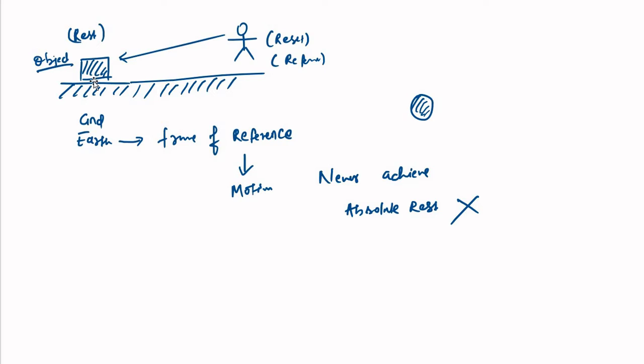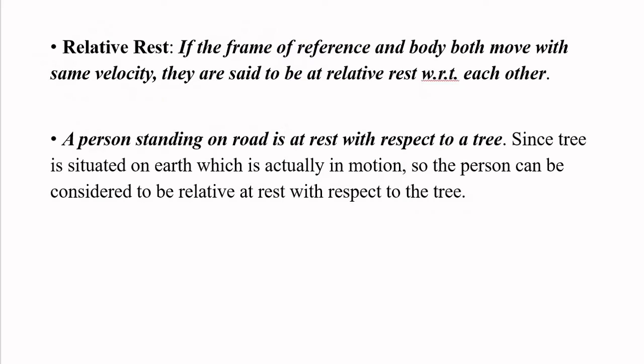The box is also in motion along with Earth, because the frame of reference, that is ground, the Earth, is in motion. But if we only consider the person and the box, then we can say that it is a condition of absolute rest with respect to this box and the person, because they are both stationary.